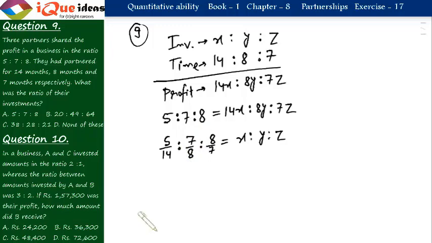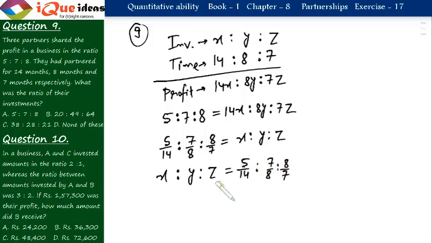Okay, so we had 5 is to 7 is to 8 equal to 14x is to 8y is to 7z. So in the component having x, divide by 14, in the component having y, divide by 8, component having z, divide by 7 on both sides. So the required ratio of investment of these 3 people would be equal to 5 by 14 is to 7 by 8 is to 8 by 7.